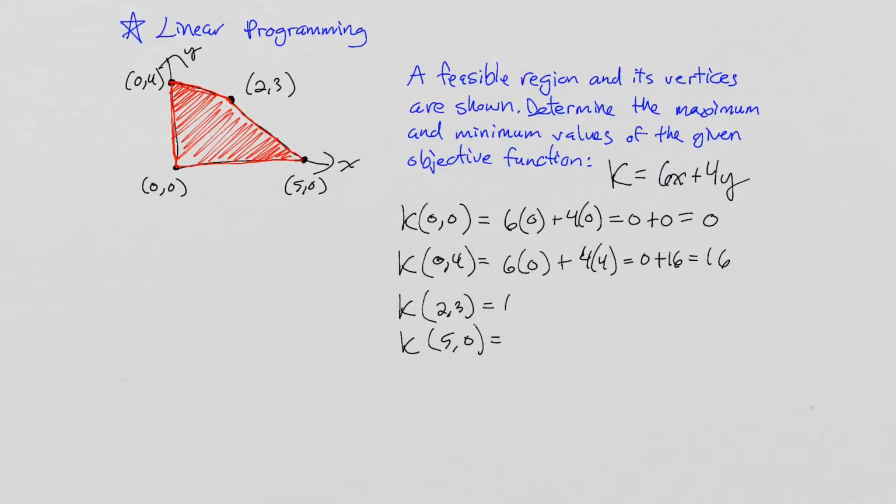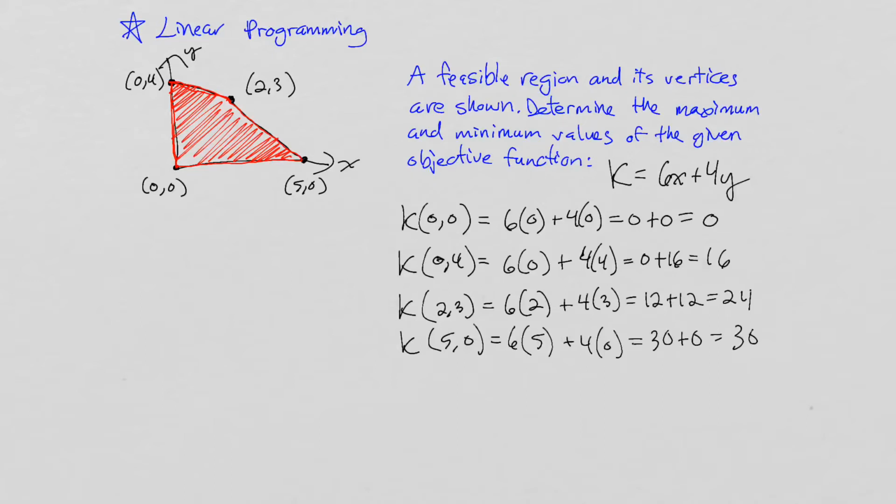Then we're going to put in 2 for x and 3 for y. That's going to give us 12 plus 12, which is 24. Then we're going to do 5 for x and 0 for y, and that's going to give us 30 plus 0, which is 30.